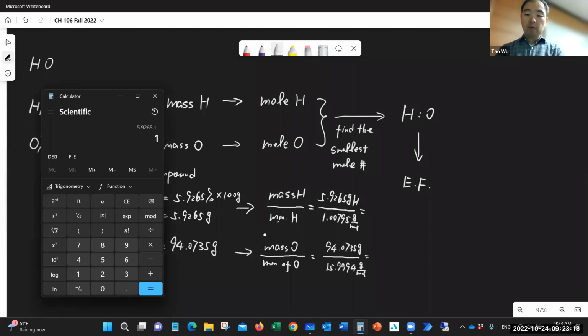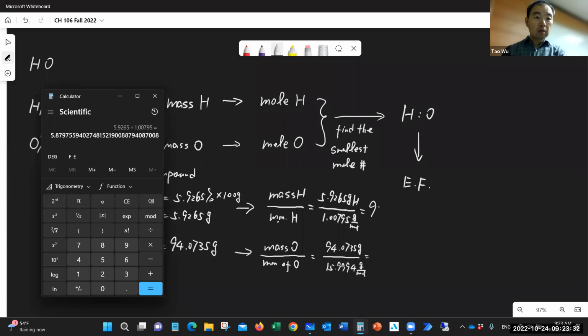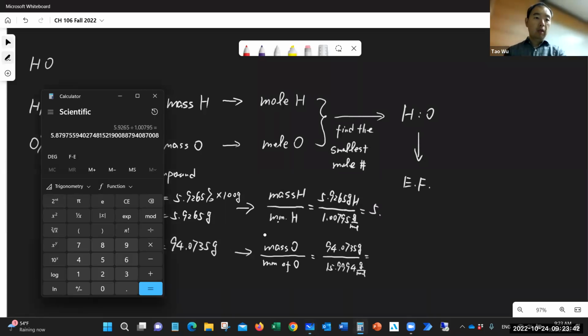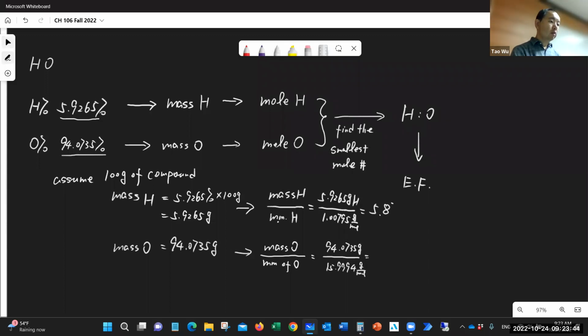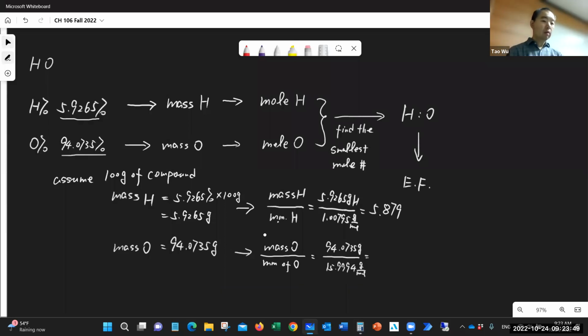5.9265 divided by 1.00795, you get 5.8798.